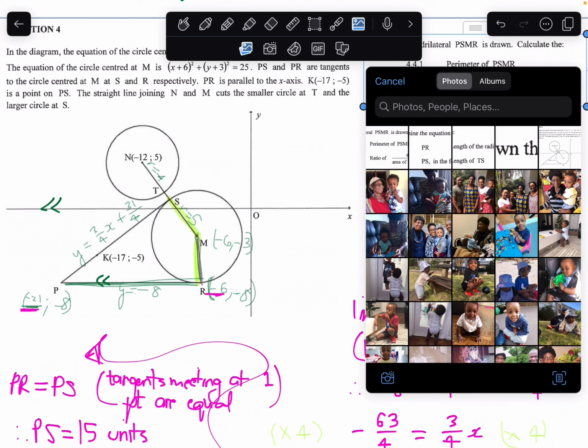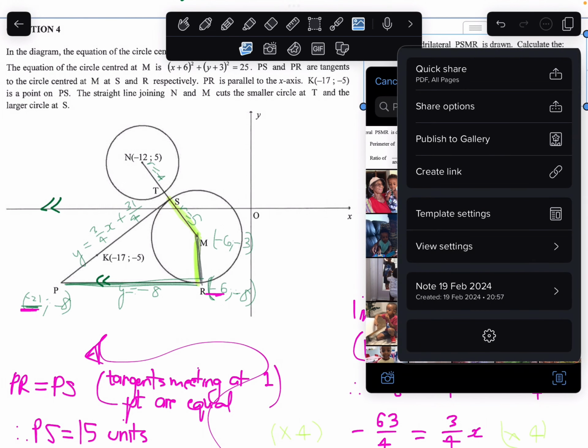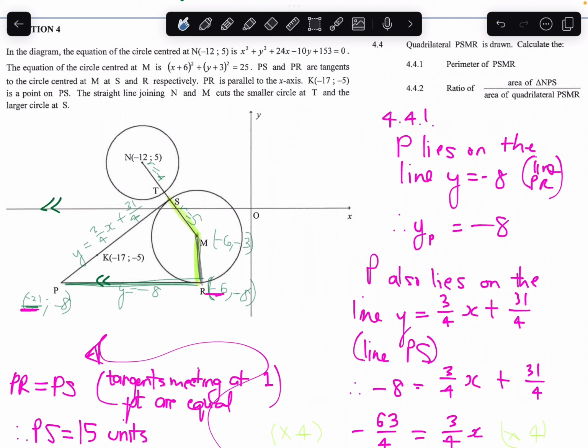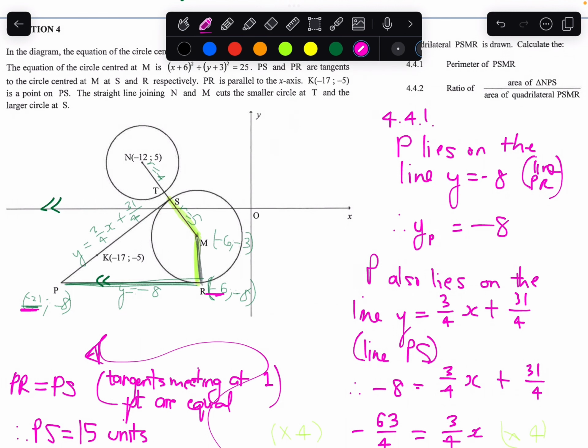How do I crop? I need to crop. Oh, over here. Oh no, not over there. Okay. We're just going to indicate otherwise that we did not do this question here. We did it on the next page.